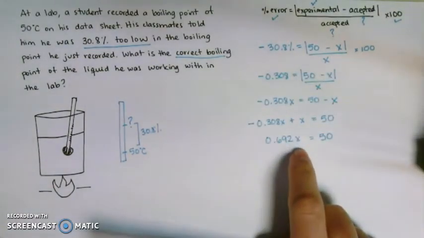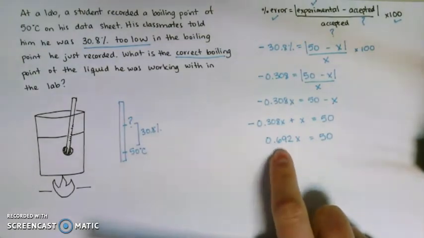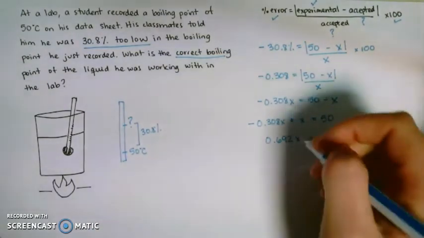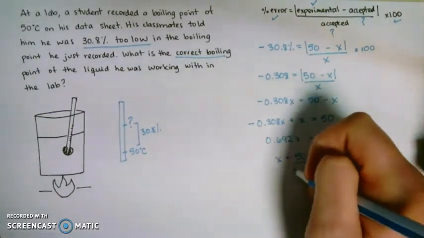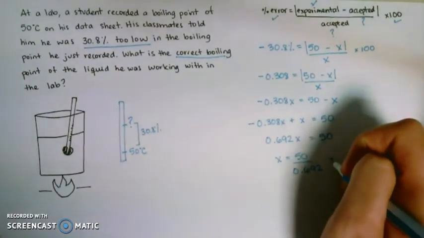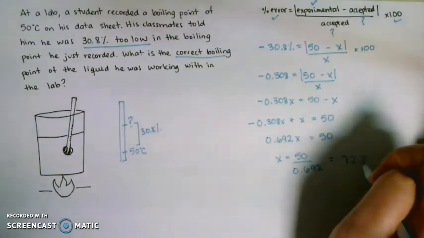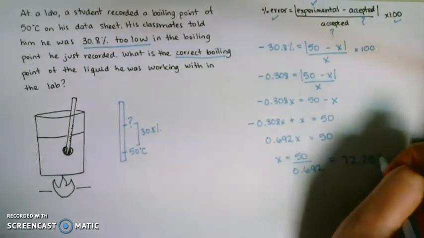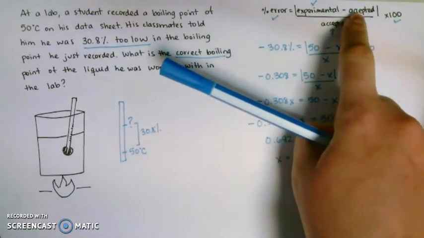I'm trying to get the value of x. Because 0.692 is multiplying x, I'm going to be bringing this into a division. So I'm going to divide 50 divided by 0.692, and my answer should be 72.25. This is the degrees Celsius that are part of the accepted value.